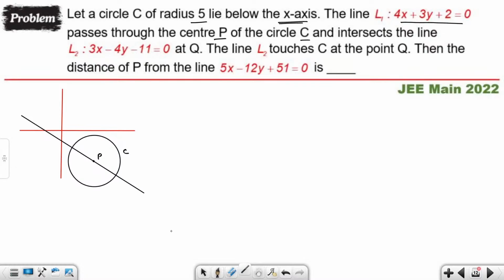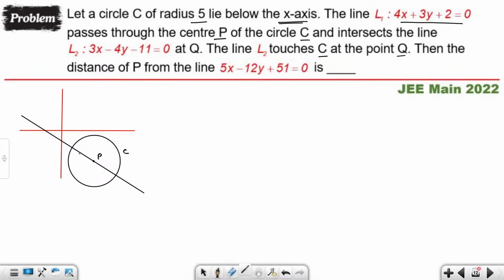And L2 is a line which is intersected by L1 at the point Q, and Q is the point on the circle.